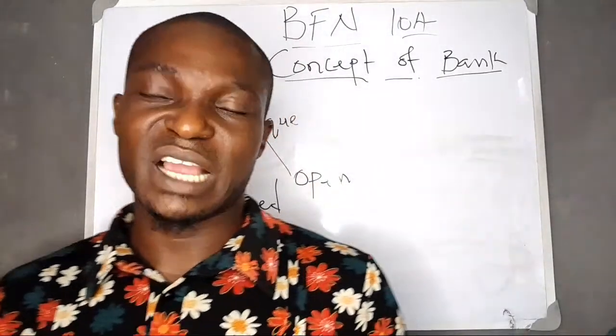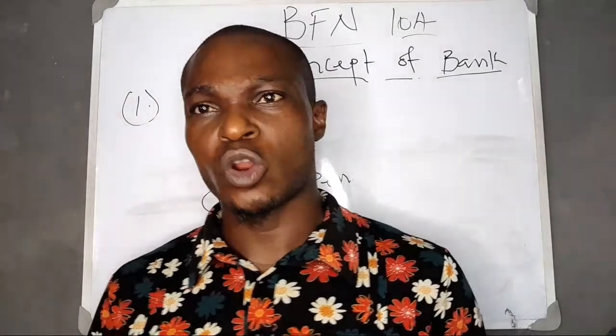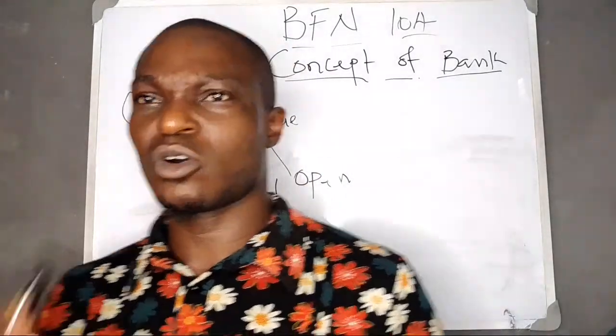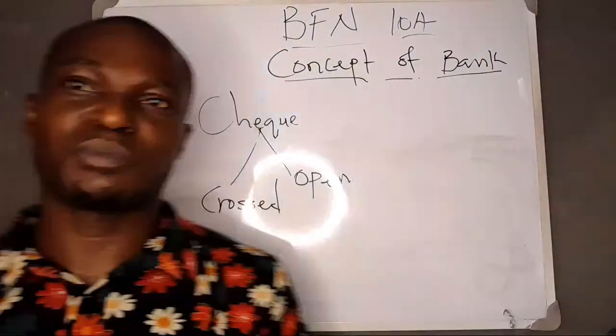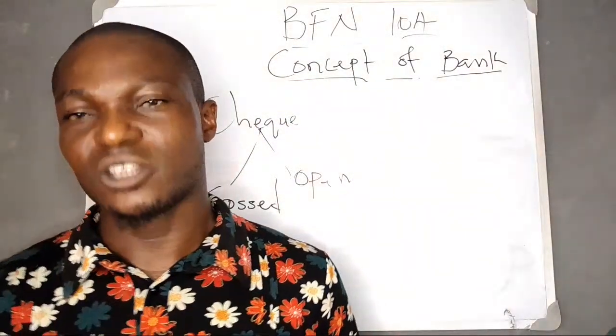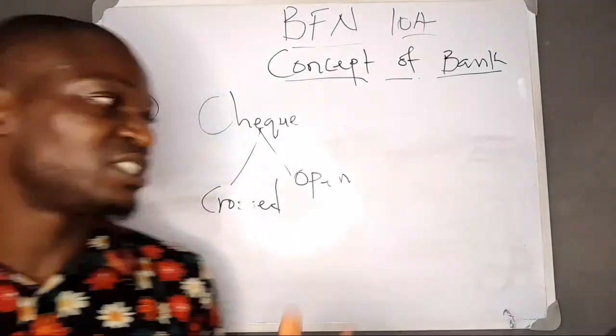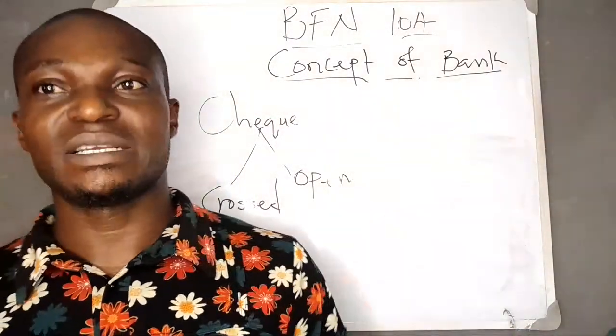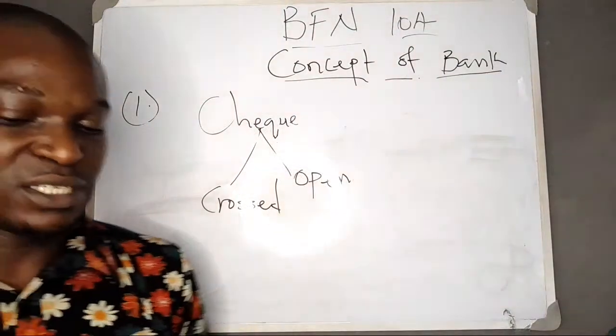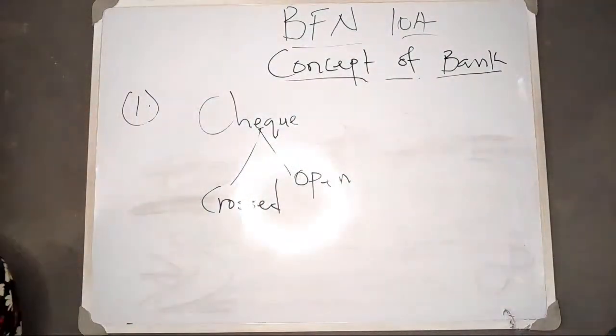This type of check is stale. The bank cannot honor it because it is not current to the date specified on the check. That is a check presented after the date on it. We call this type of check a stale check.